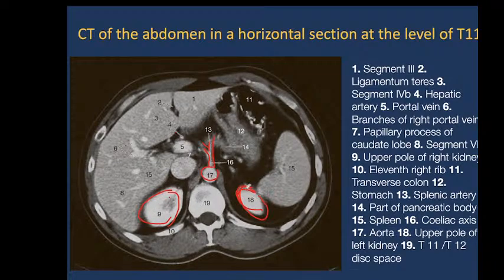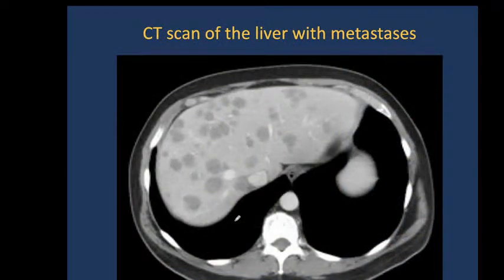It means that the left kidney is moved down a little bit, so the diagnosis is a moved kidney. Here the liver is infiltrated with cancer tumors. All of this is metastasis inside the liver.